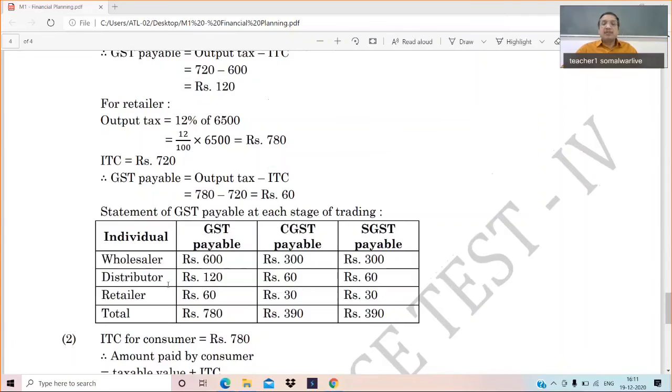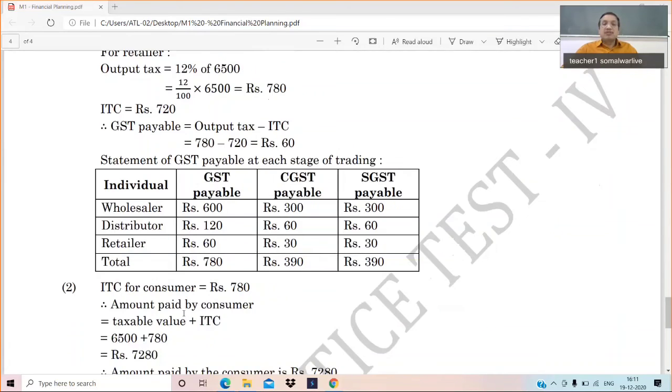For distributor, after subtracting the input tax, the GST payable is rupees 120, out of which rupees 60 is CGST and rupees 60 is SGST. Retailer, same way, rupees 60 GST, so 30 CGST and 30 SGST. And the total will come out.